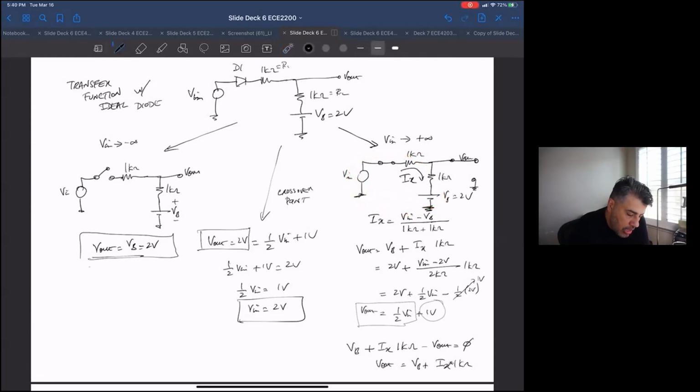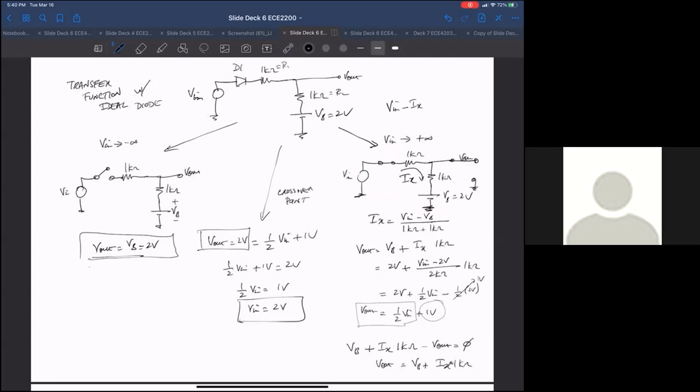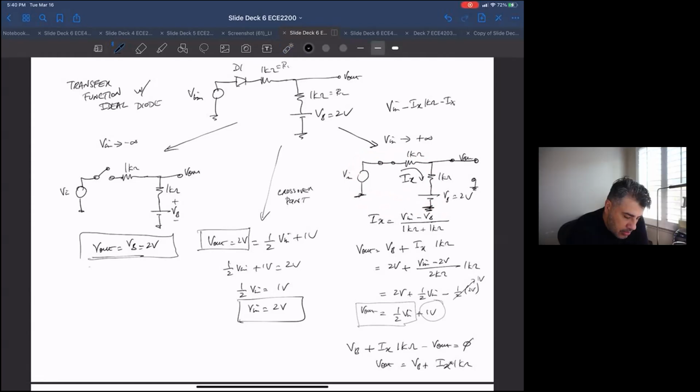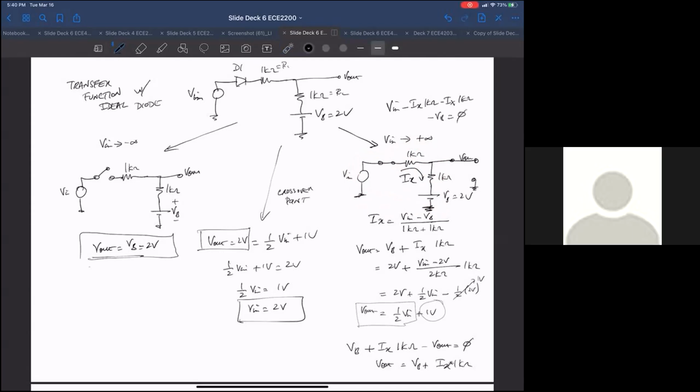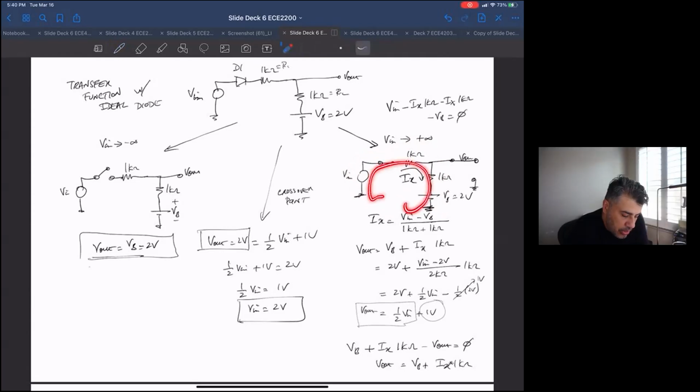So if I was going to draw it as a KVL, I would do Vn minus IX 1K ohm minus IX 1K ohm, so that would be one resistance, two resistances, minus V. Oh, I see. Right. I'm doing a shortcut here, but it's a KVL essentially.